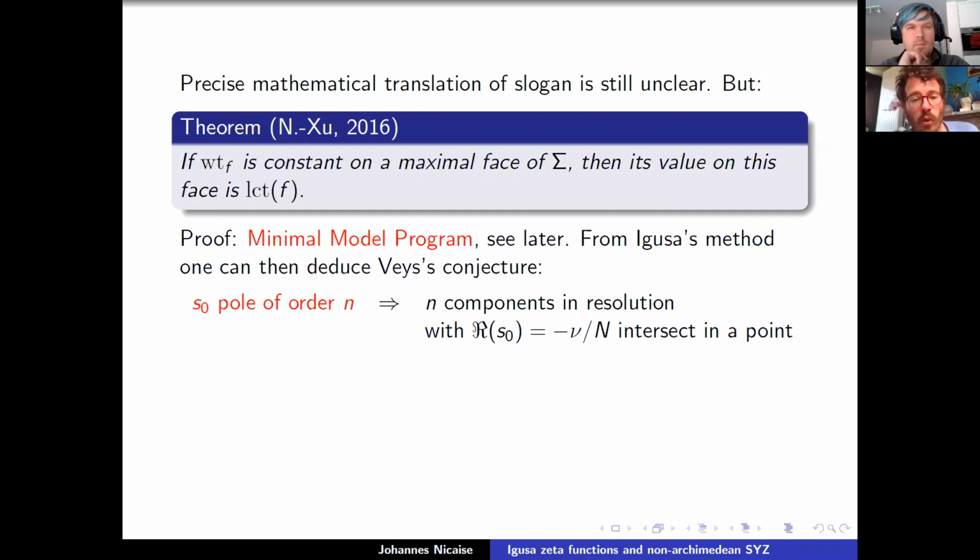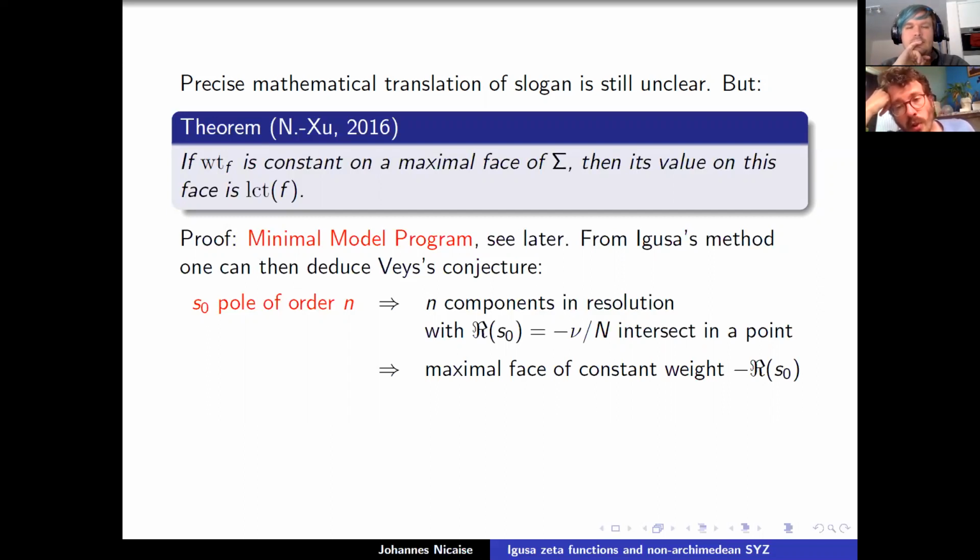This is just a consequence of the local calculation on a resolution in local coordinates. The only way you can see a pole of order n appear is if such a situation exists in your resolution of singularities. Now we translate this picture into our weight function on our dual intersection complex.